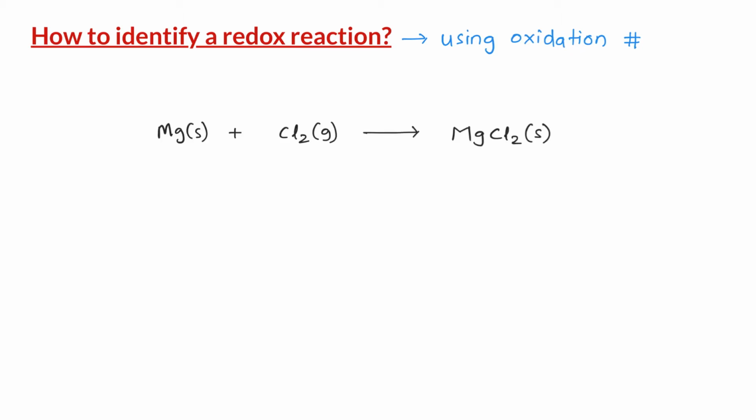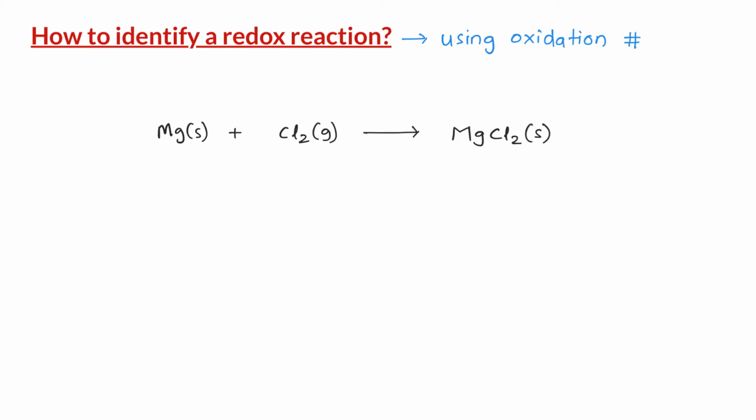This is the example redox reaction that we discussed in the earlier video. Solid magnesium reacts with gaseous chlorine to form solid magnesium chloride. Let us assign the oxidation numbers for each atom before and after the reaction.